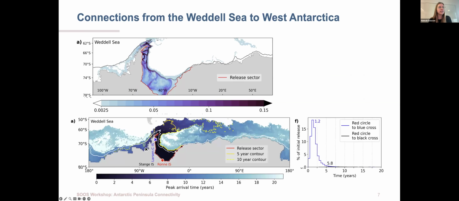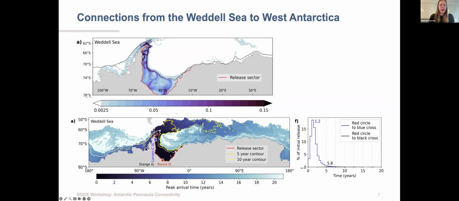Okay, and in addition to looking at the pathways, we can also quantify some of these timescales. That's what's shown in the figure on the bottom here. The dark colours are faster transport timescales, the lighter colours are longer transport timescales, and I would say that our confidence in these timescales diminishes as time goes on because there's less particles used to quantify that particular timescale.